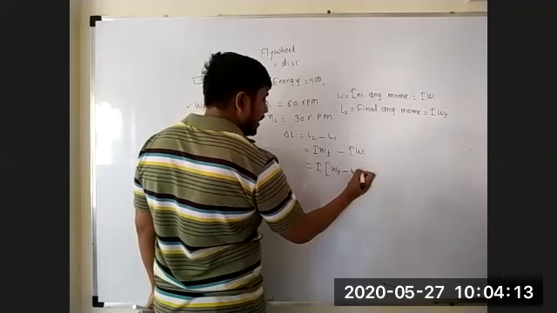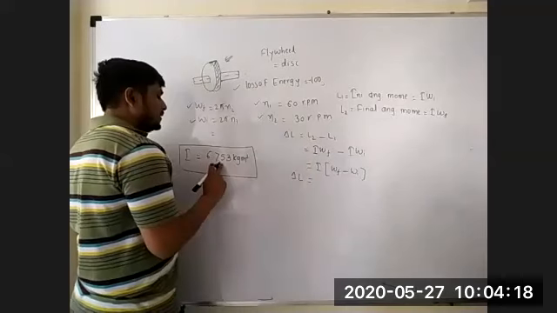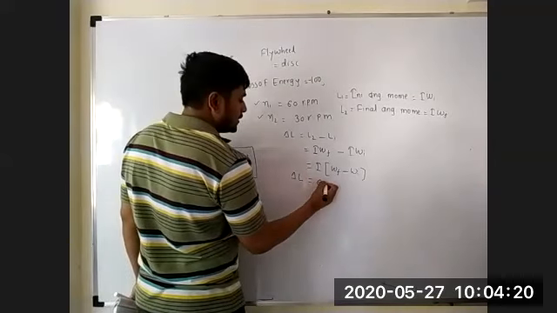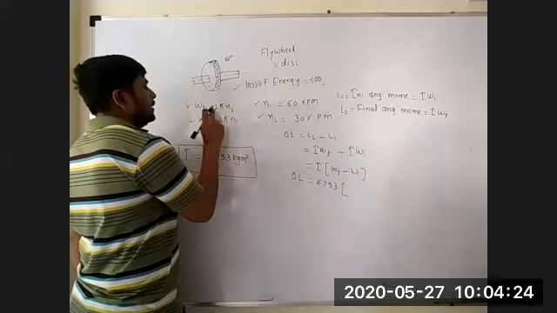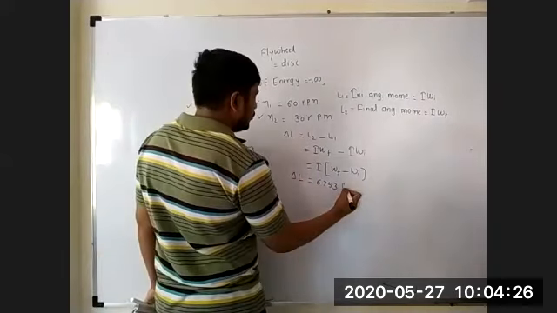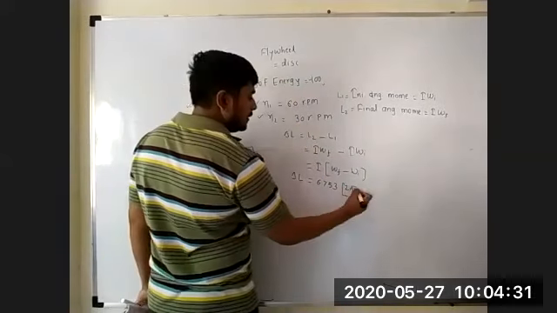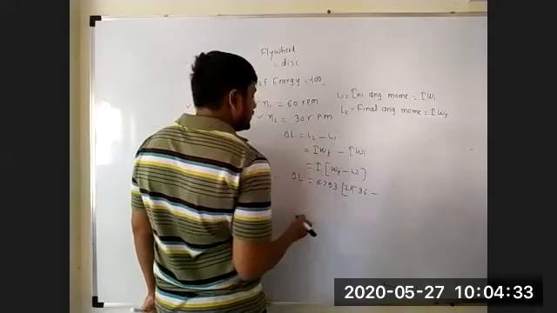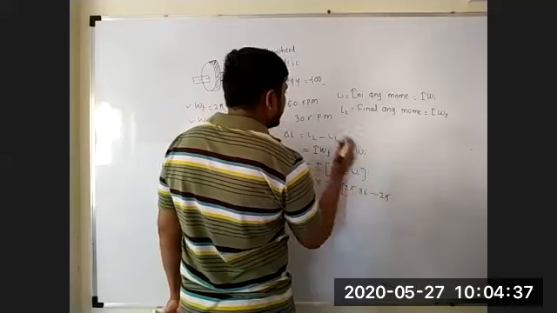So delta L is equal to I, 6.753, which you already got, times omega final, 2π n2, where n2 is 30, minus omega initial, 2π n1. N1 is equal to how much?